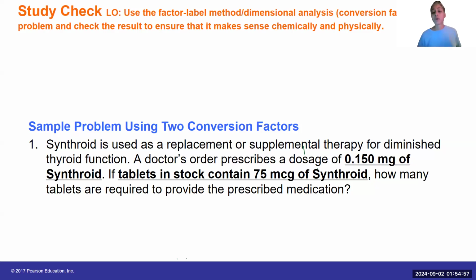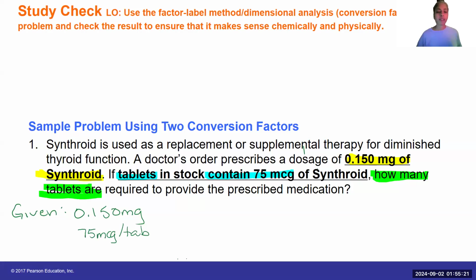All dosage calculations can be considered conversions using dimensional analysis or the factor label method. So what are we given? We're given 0.150 milligrams of our substance, and we also have that it's 75 micrograms per tablet. We want to know how many tablets we need to give of this substance.